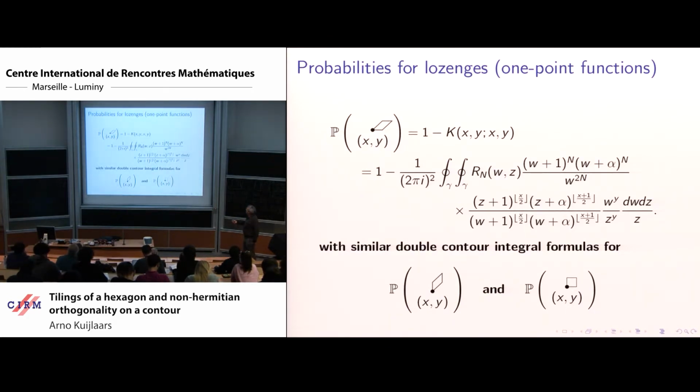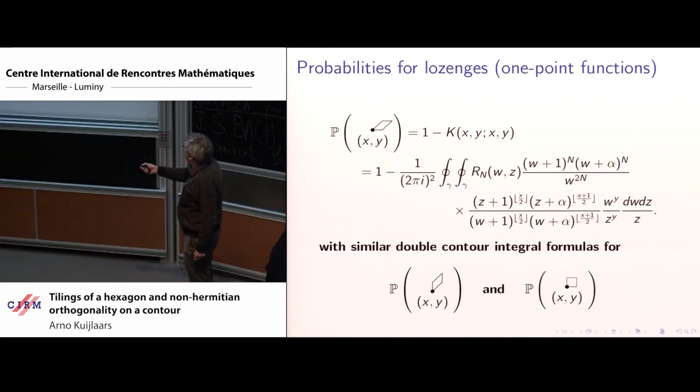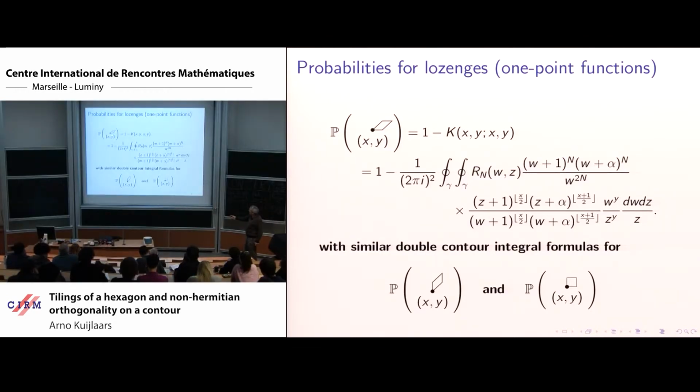So in particular, for this talk, and we also do it in our paper, we focus on the kernel on the diagonal, so x1 is x2, y1 is y2. Then it's just a probability to have no paths at that location. And since the paths are associated with two of the tiles, 1 minus the kernel on the diagonal is the probability of having this tile at that location.